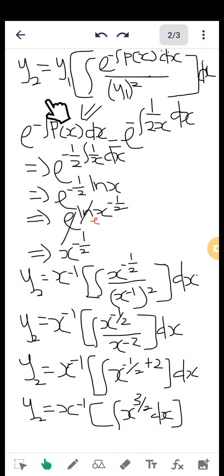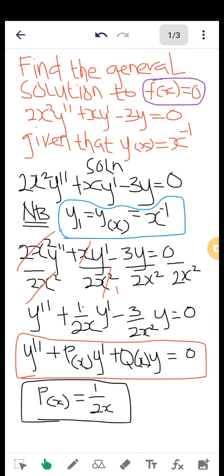My y2 is always equal to my y1 multiplying the integral of e exponent of the negative integral of p of x dx, all over y1 squared dx. For a homogeneous equation with non-constant coefficients, they will be given a y1.